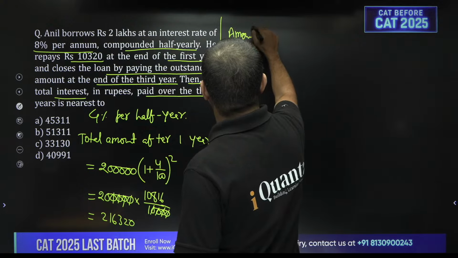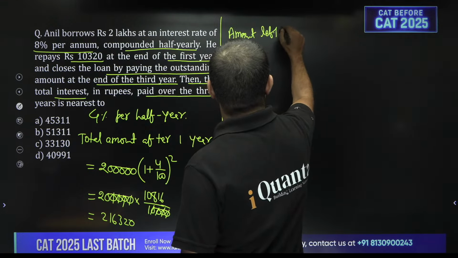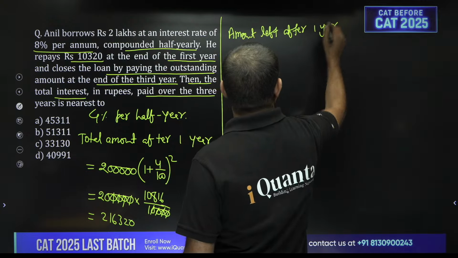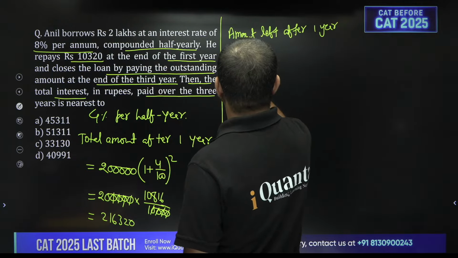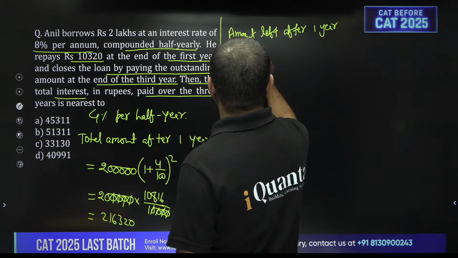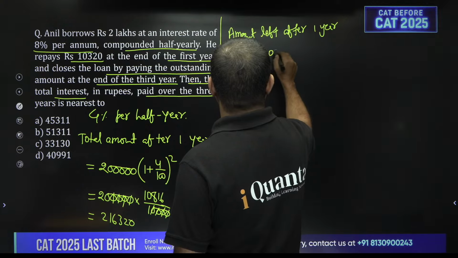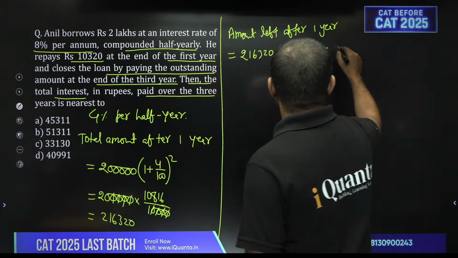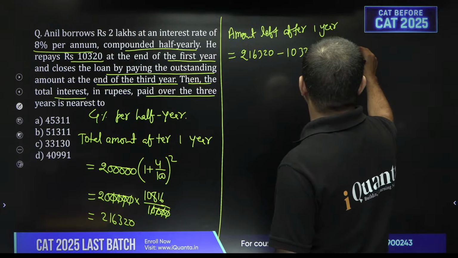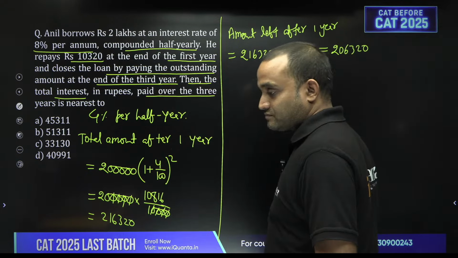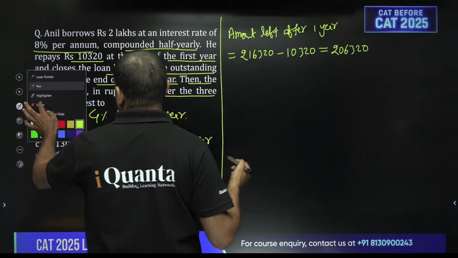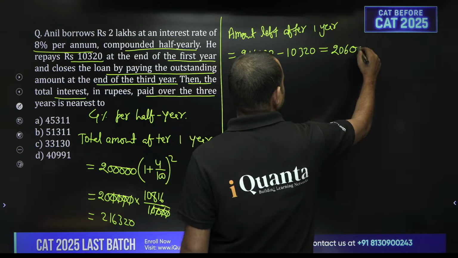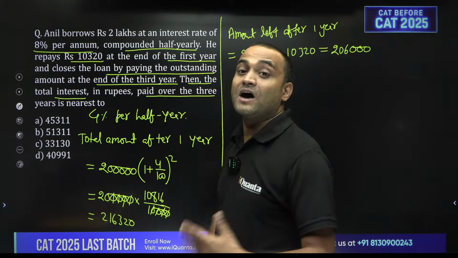So the amount left after 1 year is equal to 2,16,320 minus 10,320, which is equal to 2,06,000. This is the amount that is left after 1 year.